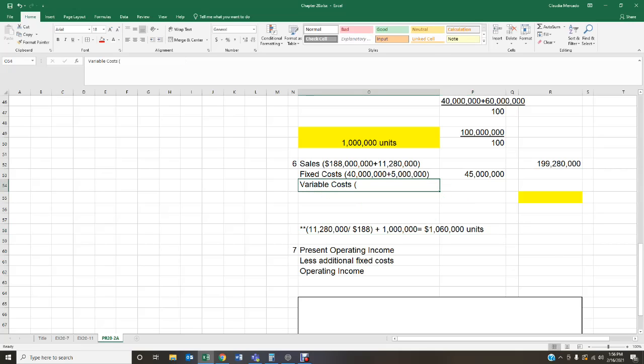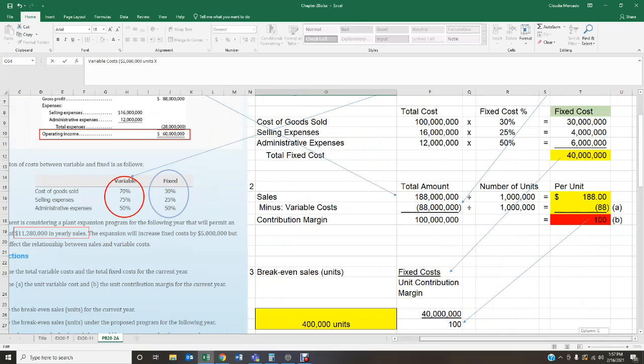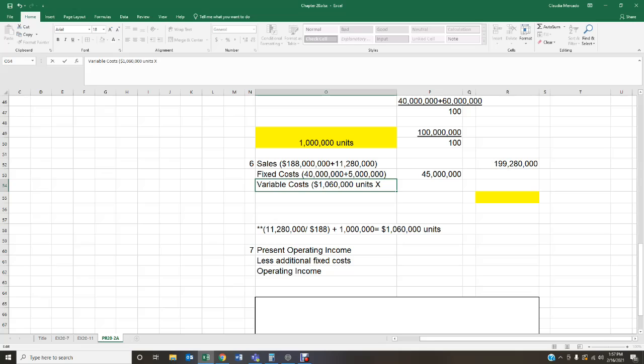Now, once I've got my 1,060,000 units, I'm going to multiply that by my variable cost per unit, which is your $88. Okay, $88. Let's see what that gives us.